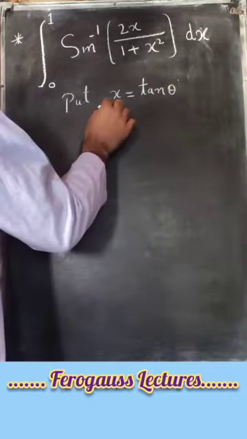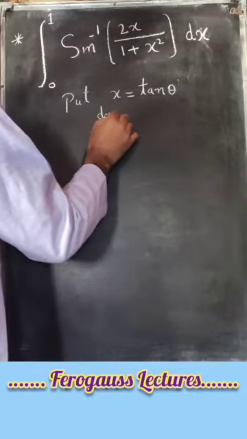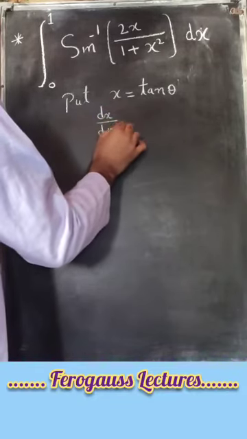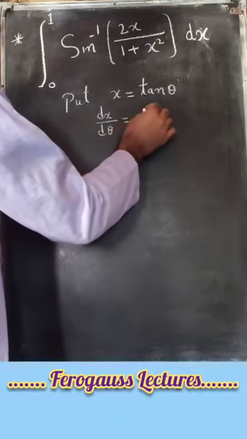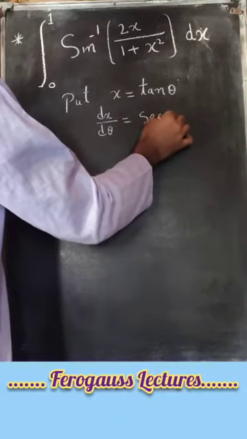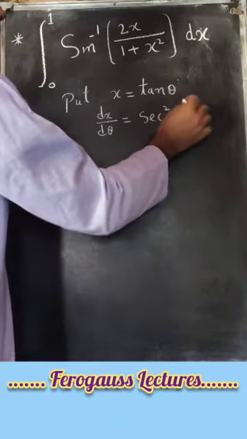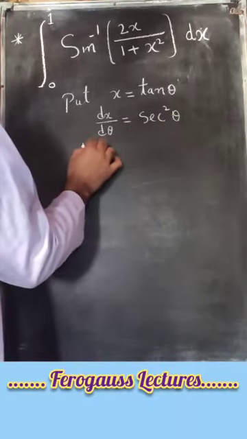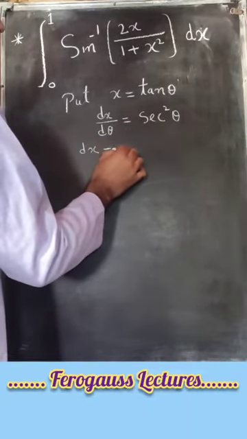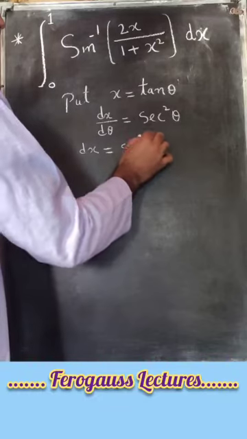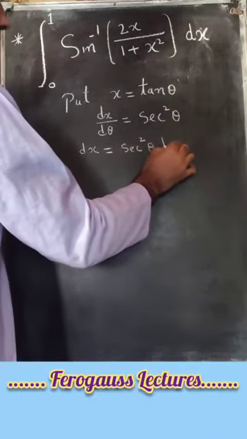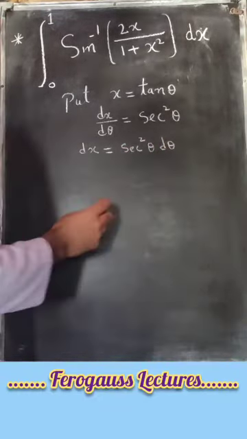Differentiating x with respect to theta, we get dx by d theta equal to secant square theta, or we can write dx is equal to secant square theta d theta.